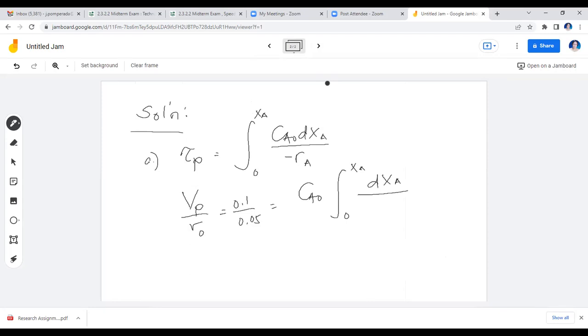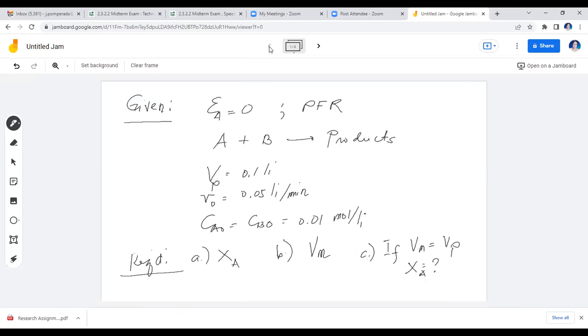Now, can you go back to our reaction? What would be the appropriate rate law for our reaction? Let me read the problem again. As you are looking at the given information, I will not just change the sharing option. I'll just read the problem. Okay, the problem goes this way.